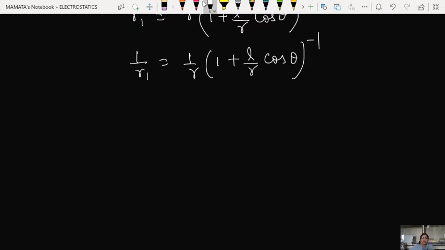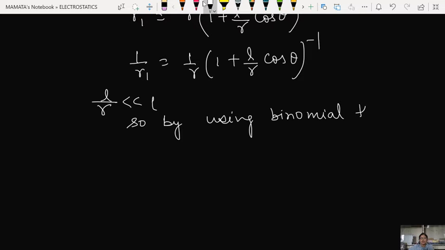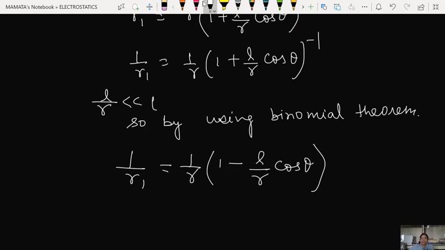Since l upon r is much less than 1, by using the binomial theorem we can say that 1 upon R1 equals 1 upon r times 1 minus l upon r cos theta, and it can be written as 1 upon R1 equals 1 upon r minus l upon r square cos theta.